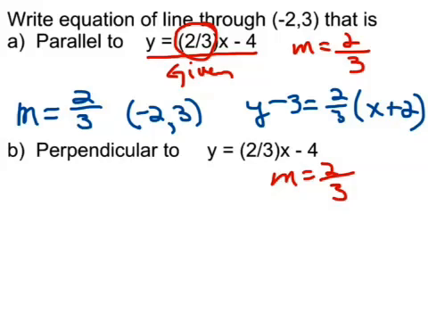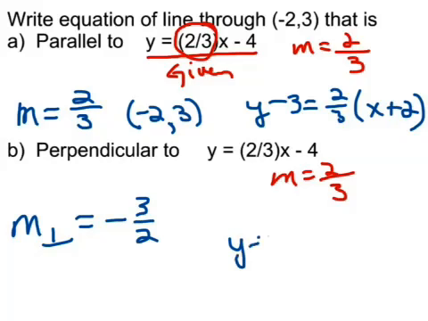All right, now in part B, they want perpendicular. So the slope of the perpendicular, remember this, that upside down t means perpendicular, is going to be, well, our original slope is positive, so we got to change the sign on that. Then we're going to write a negative, and we need to flip over 2/3 and it becomes 3/2.